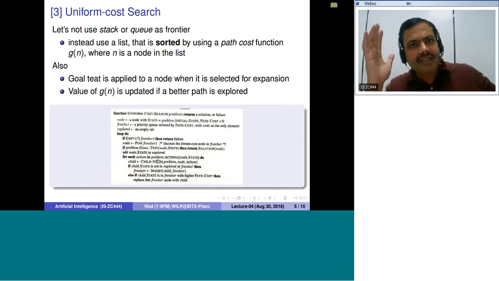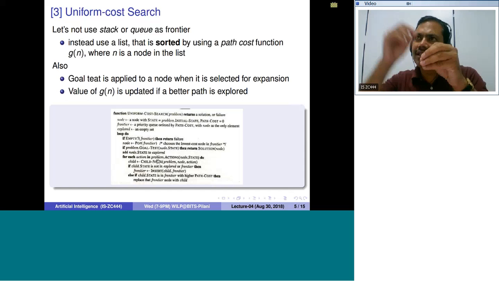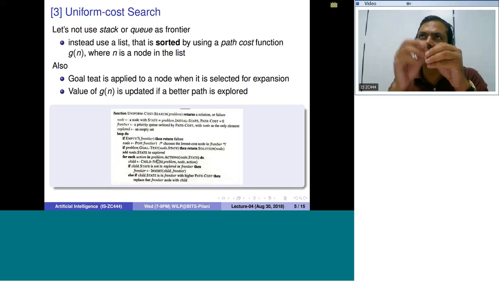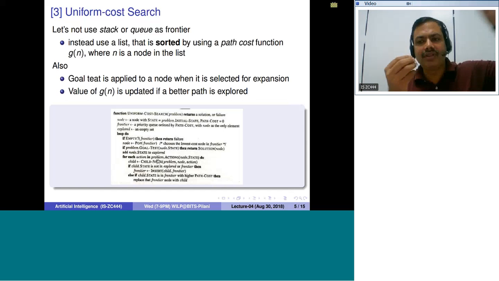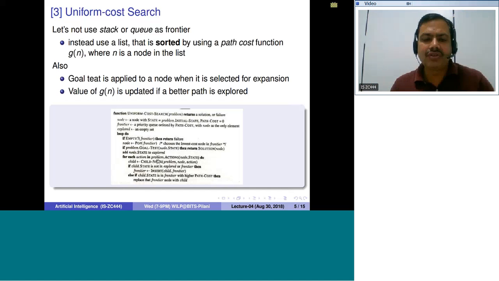If you have already spent X amount of rupees, then to go to the next state you see how much you have to spend from this place to that place, and you add that cost to the previous cost.